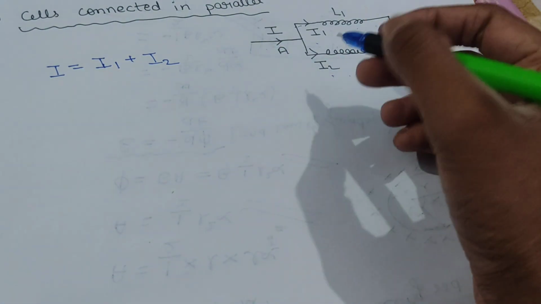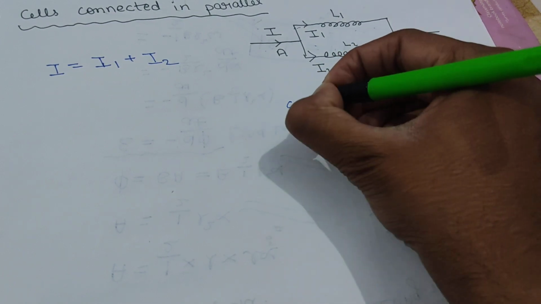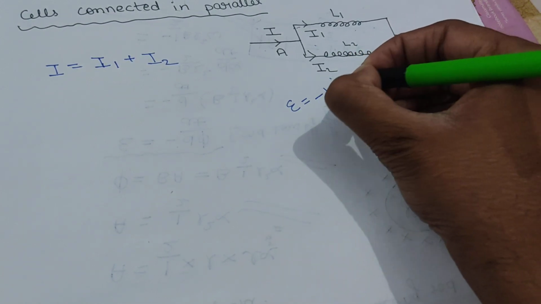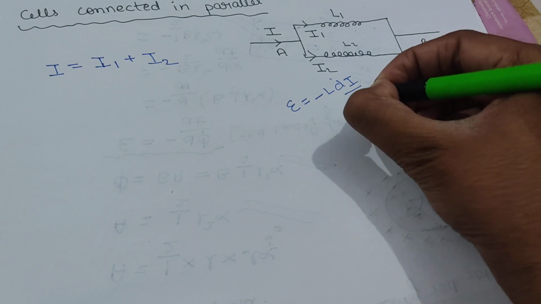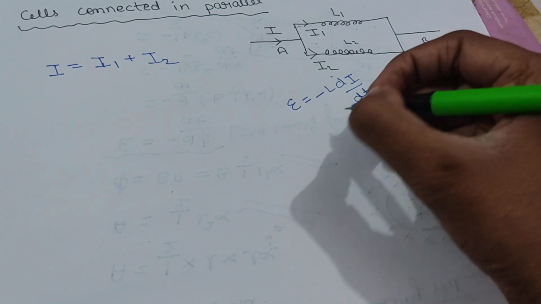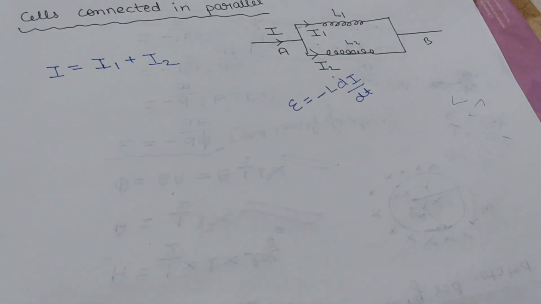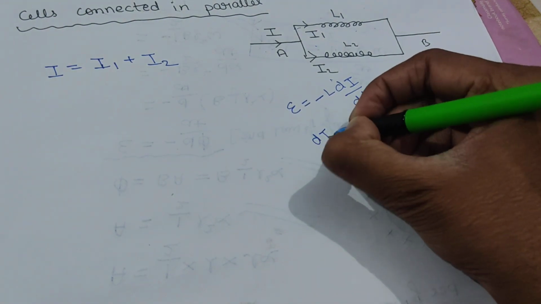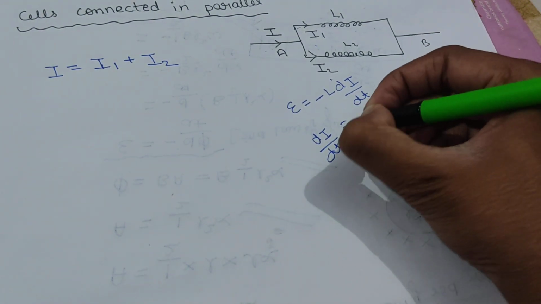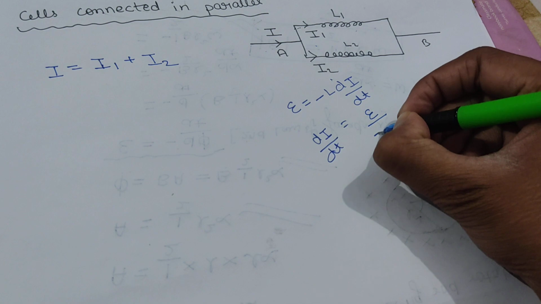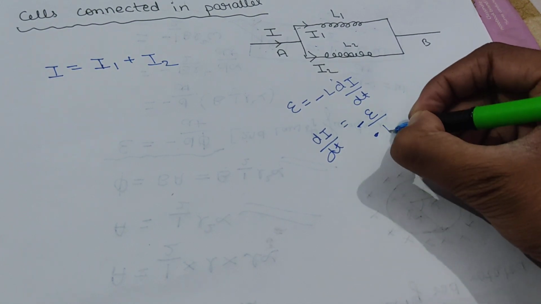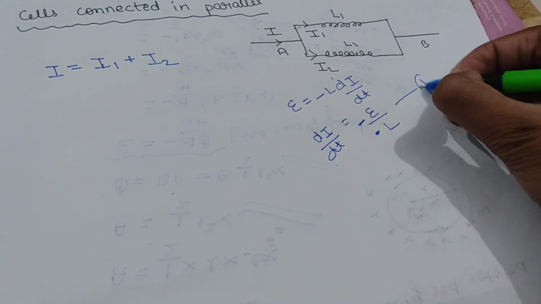Now we need the di/dt values. E is equal to minus L di/dt, so di/dt is equal to E by minus L. This is our first equation.